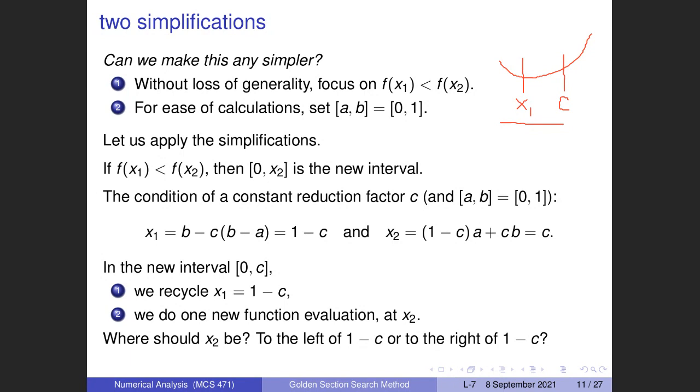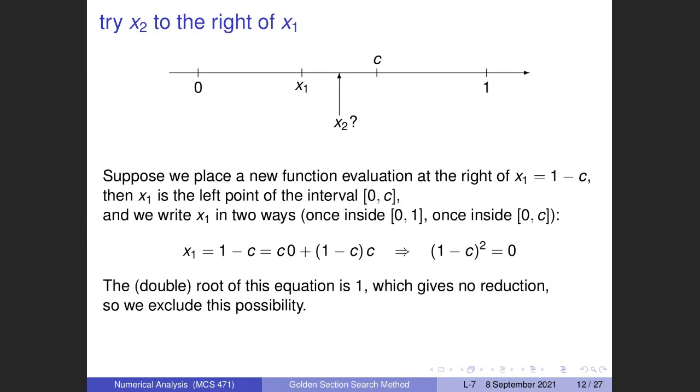There's only one answer, but we now pretend that we don't know it because we don't know the value of c. It will turn out that one of these cases leads to a reduction factor which is not very desirable, which is c equals 1 again.